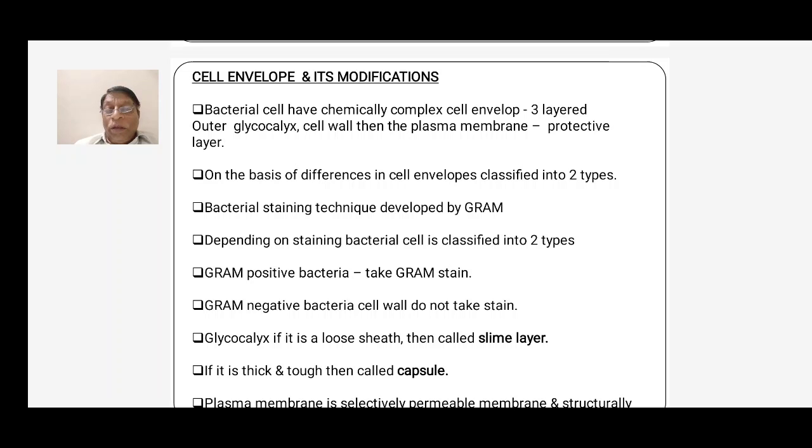But if you examine the eukaryotic cells, in case of eukaryotic cells, the nucleus is eukaryotic type. That is, it is having nuclear membrane, and inside that nucleolus is there, nucleoplasm is there. You can see the eukaryotic cell.